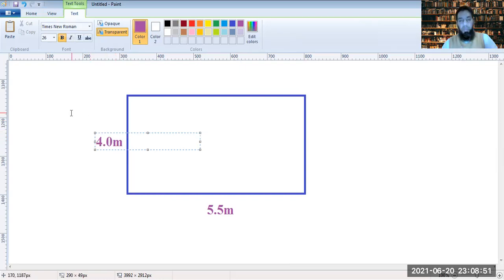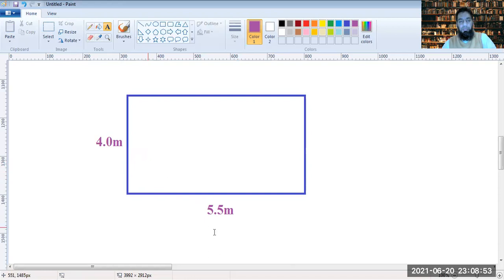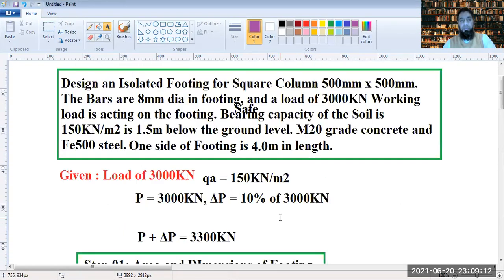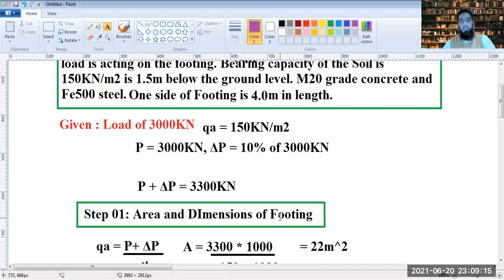Now this is clear that we are getting a footing of around 5.5 cross 4. Shall we go ahead with this type of footing? The restriction is 4.